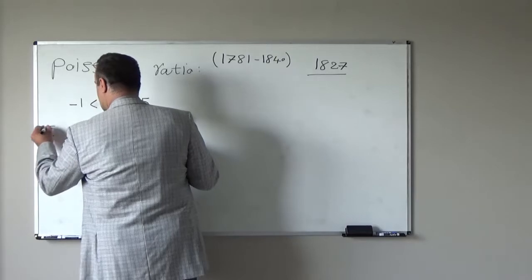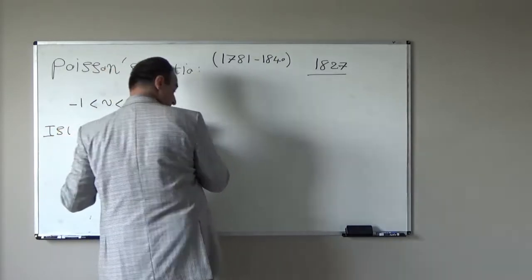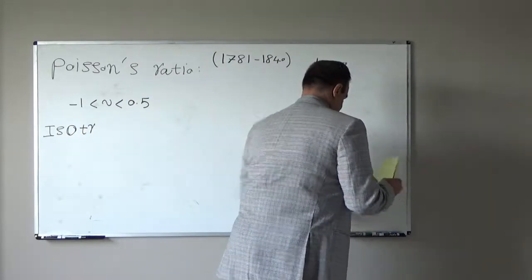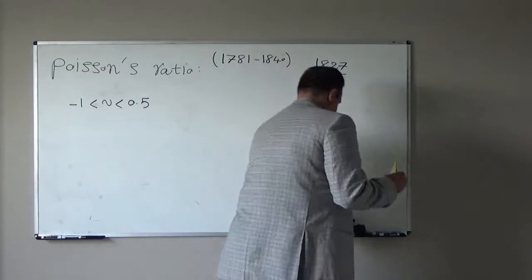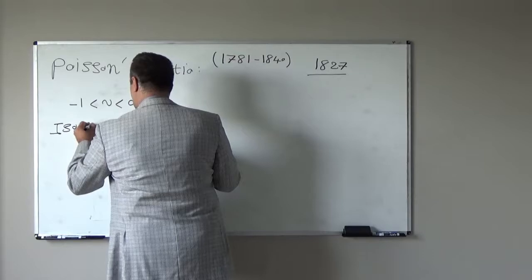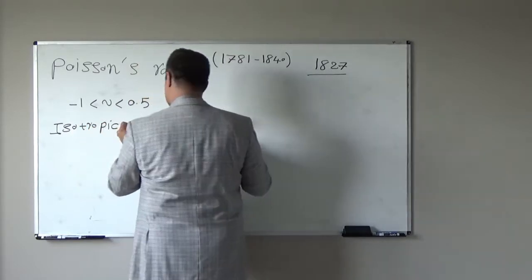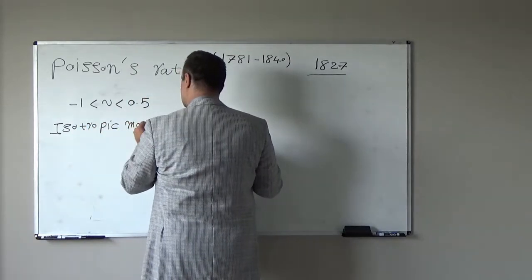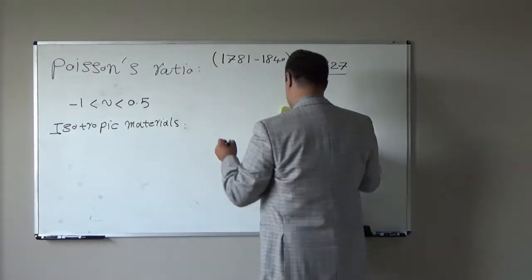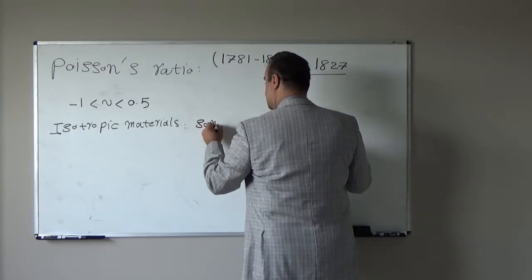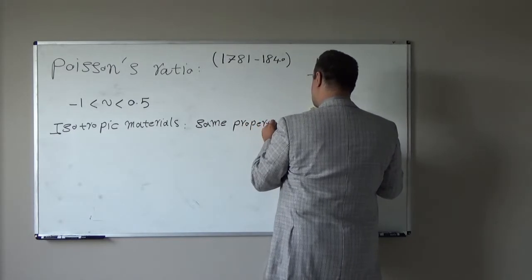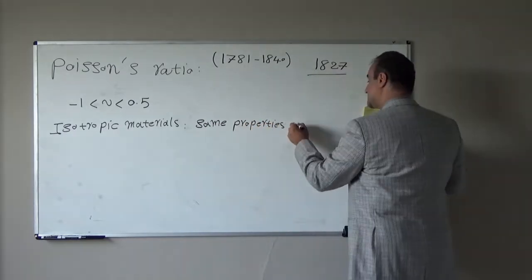So, let's say, isotropic materials means they have the same properties in all directions.